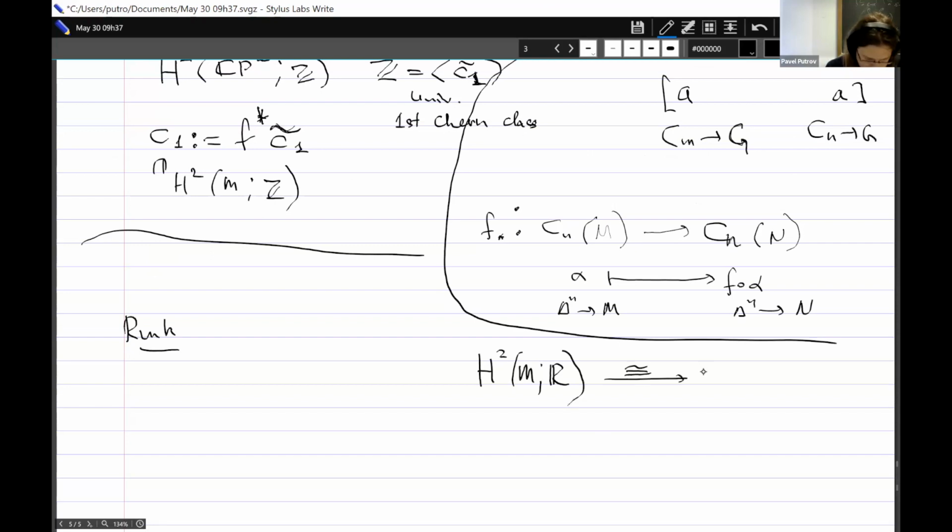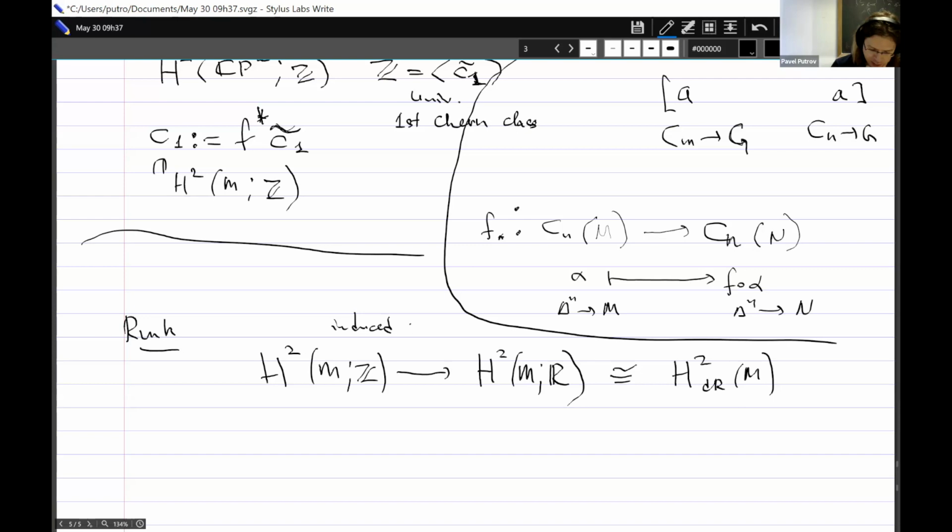The de Rham theorem tells us that there is an isomorphism, let me just write it without specifying the direction. So in particular, we can consider this isomorphism in degree 2. And we also can consider the natural map from cohomology with integer coefficients to cohomology with real coefficients, induced by the homomorphism from Z to R, which is just inclusion.